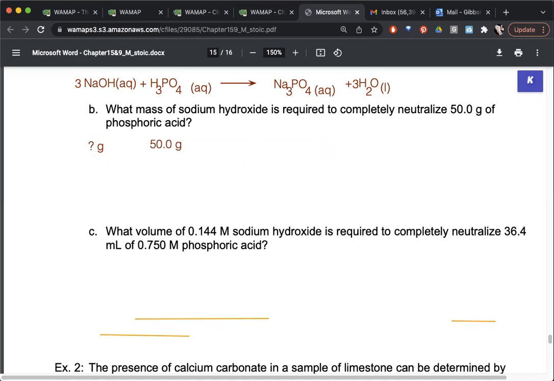All right, to line up your dimensional analysis for this, let me rewrite the problem. How many grams of NaOH do we need to neutralize 50 grams of, maybe I'll write PA for phosphoric acid. Yeah, does that work? Okay, give myself a little bit of room. So let's think about what we need for that.